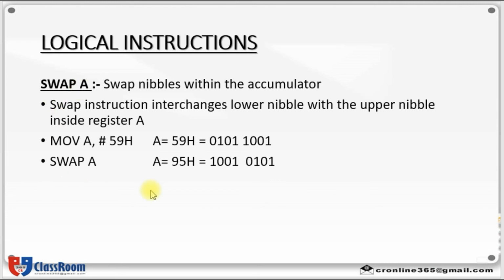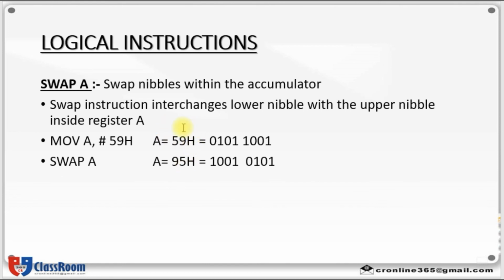For example, move A, hash 59H. 59H can be represented in binary as 5 as 0101 and 9 as 1001. After we write swap A, this 9 will come instead of 5 and 5 will come instead of 9.